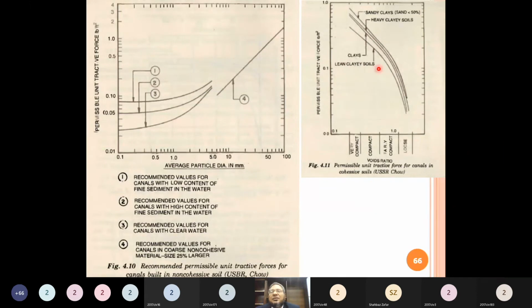So again, if it is lean clay soil, clays, heavy clay soils, sandy clays. So among the clays, which has the more value of the critical tractive force? You know, for any one value of this soil type in the bed, तो फिर भी sandy clays के लिए अलग curve है, so it gives a higher value of the tractive force. I think now everything is clear how we have to select the value of the tractive force, and the value of the tractive force यहाँ पे कितनी highest value है 1 psf है ना.